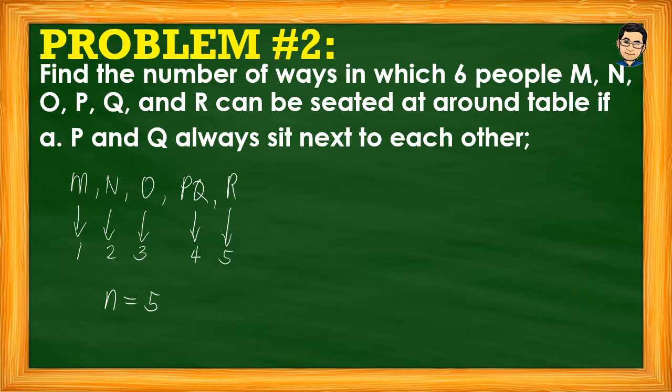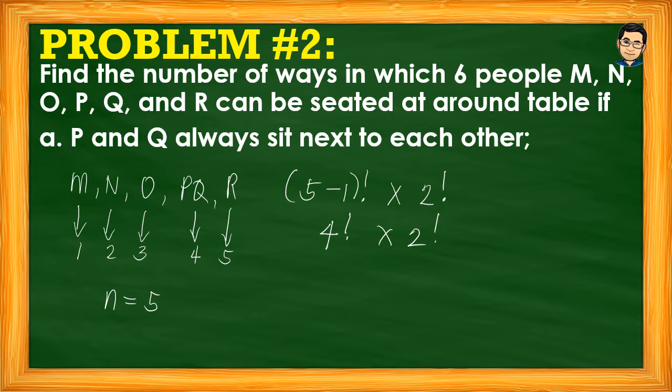Magiging ganito po siya. 5 minus 1 factorial times 2 factorial. Now, 5 minus 1 is 4 factorial times 2 factorial.